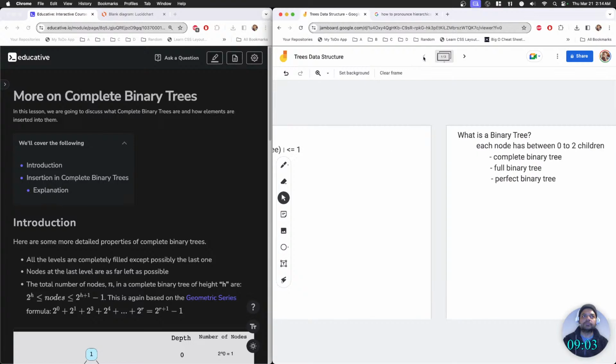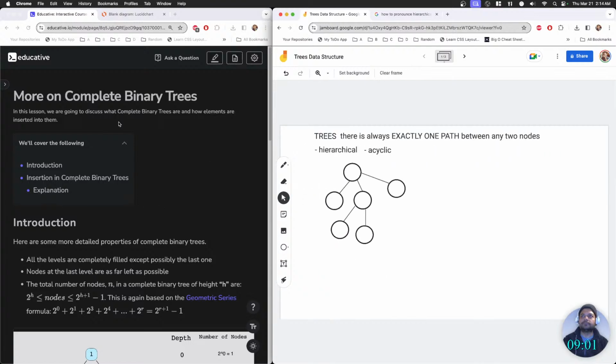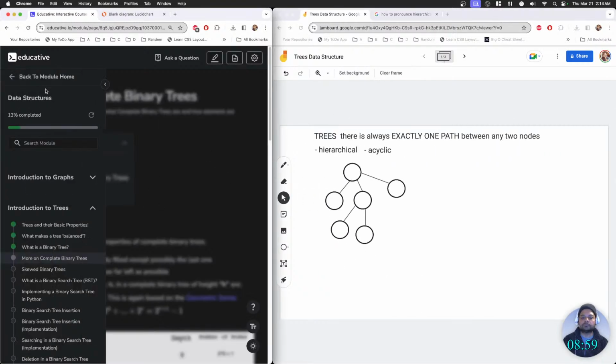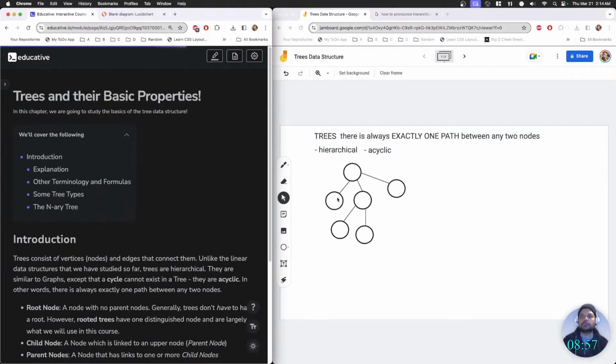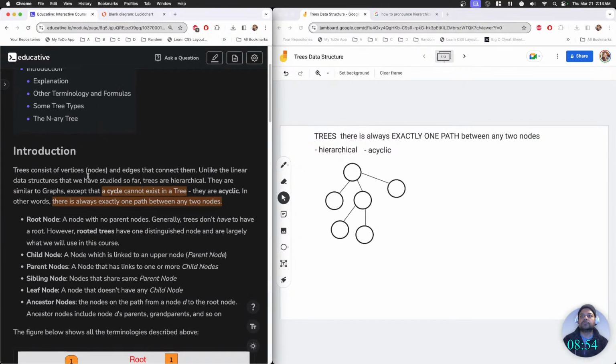So, alright, let's review so far. What is a tree? That might be more beneficial of our last 10 minutes. Trees consist of vertices, which are the nodes, and edges that connect them.